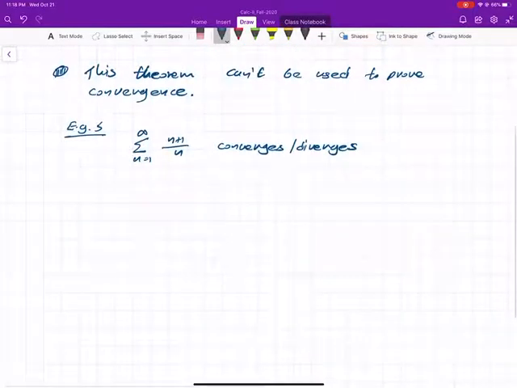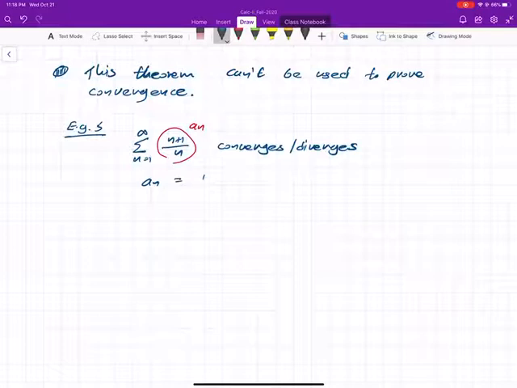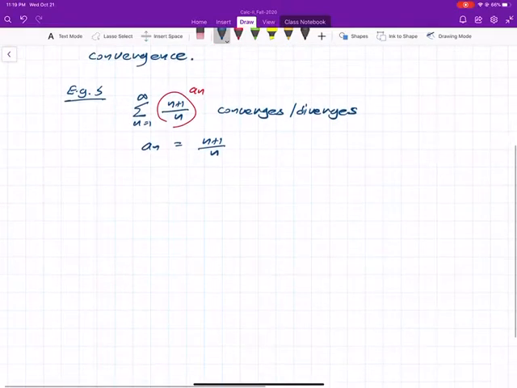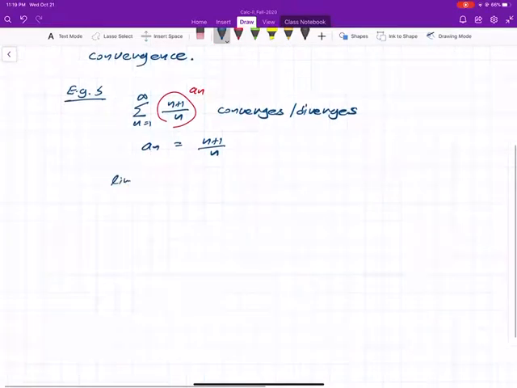First of all, you have to find the n term. Here that is the n term. So you write an is n plus 1 over n. Okay, now you have to send n to infinity. Limit, you have to send n to infinity of an.